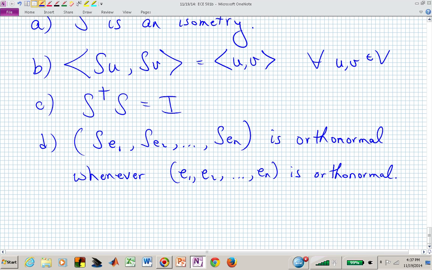So if we start with an orthonormal list, E1 through En, and S is an isometry, we're not changing the orthogonality of that resulting list, where S is now operating on all of those E's.